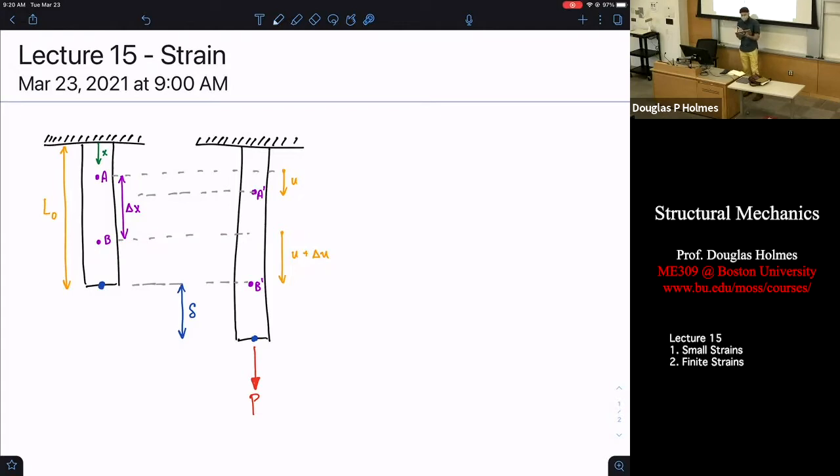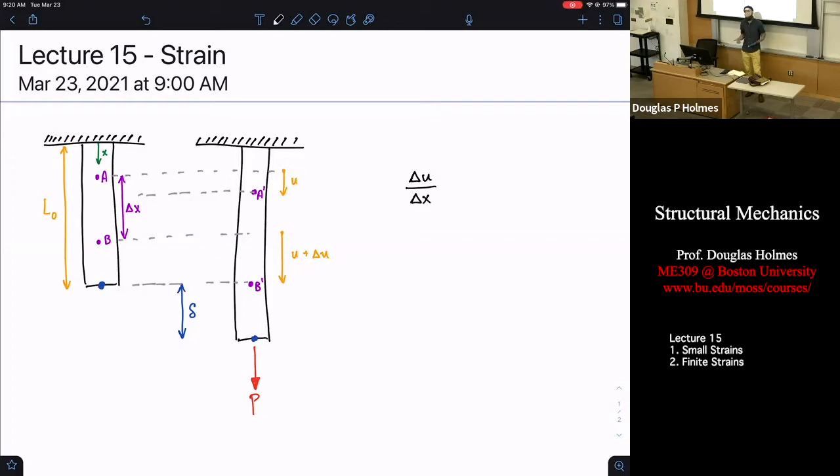And so we can say, well, I can simply compare delta U to delta X. But the fact that the initial distance between A and B is finite is just arbitrary. It just makes it easier to visualize this system.